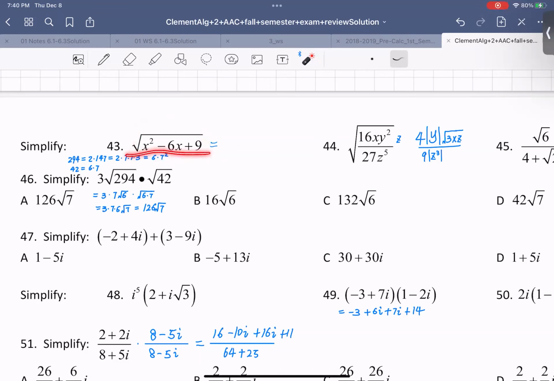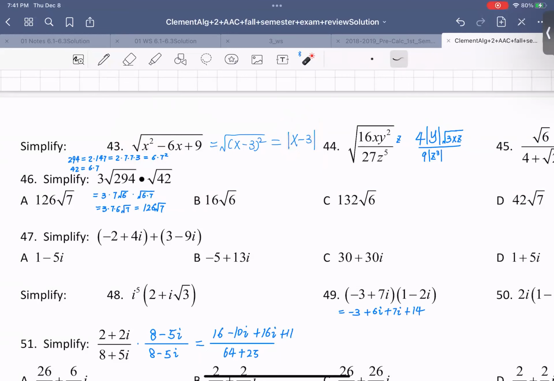X minus 3 quantity squared. So you have square root of x minus 3 squared. Then who is this? X minus 3. No, you want to put absolute value. Okay, make sure we put the absolute value.